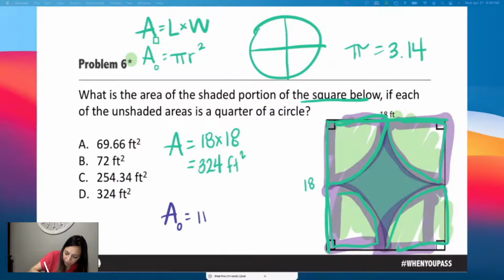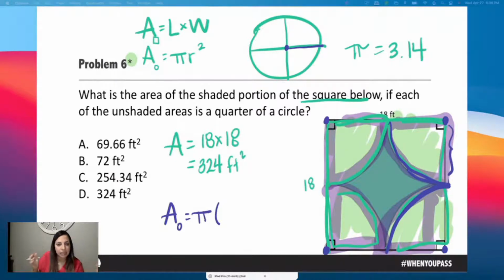So my area of my circle is pi r squared. What is the radius going to be of my circle, though? The radius is going to be 9, not 18. If we think about a circle, the radius goes from the center to the outside. So really, the vertices of these pieces would be the center, and then the outside of the circle is drawn here. So this is my radius.